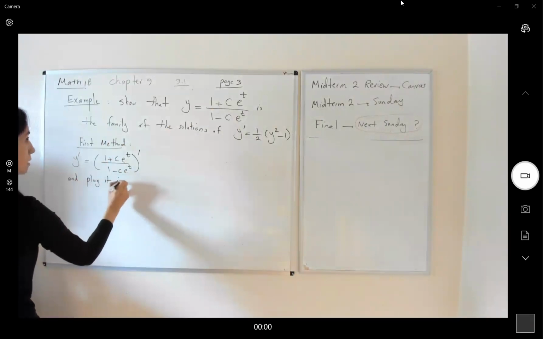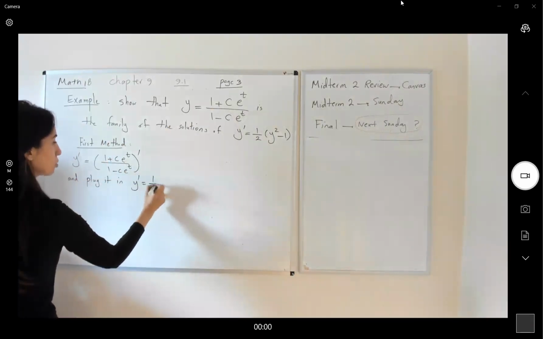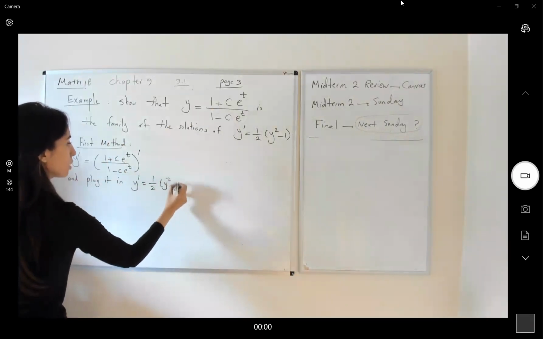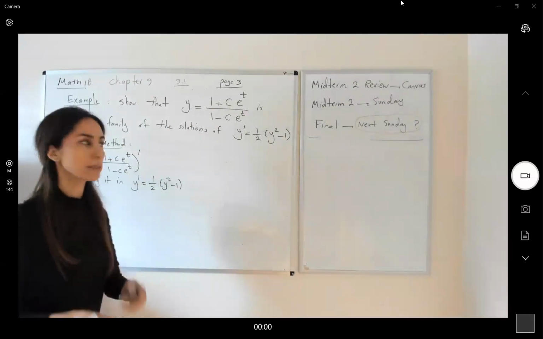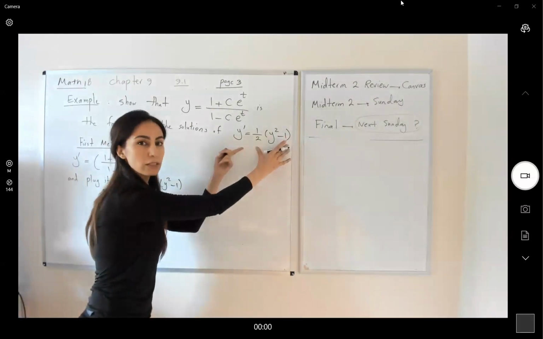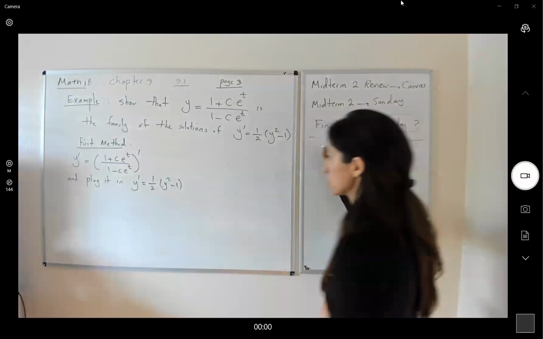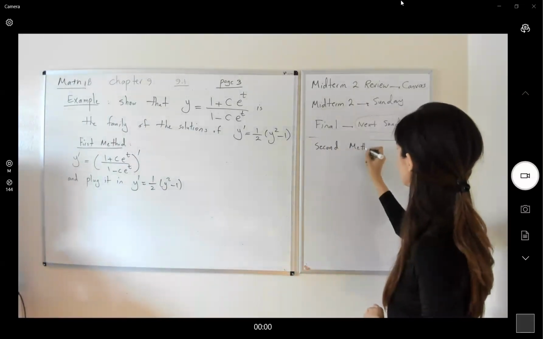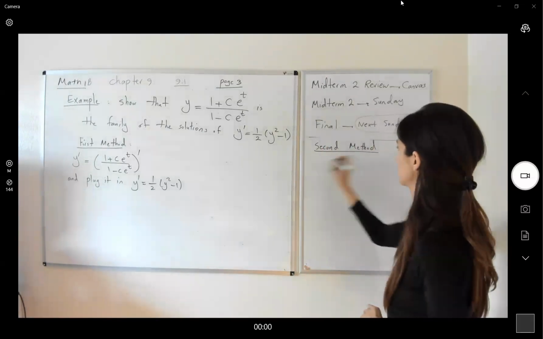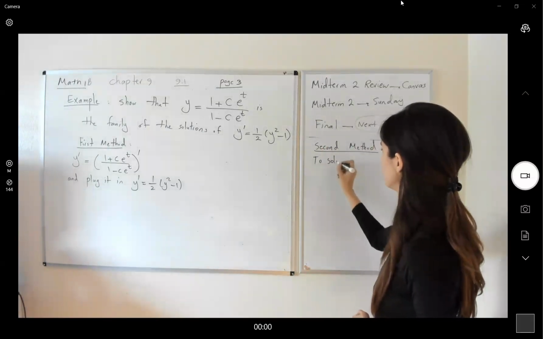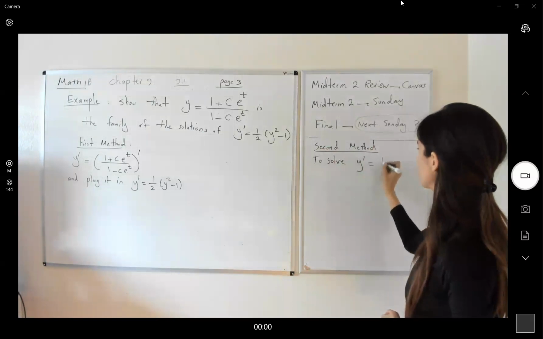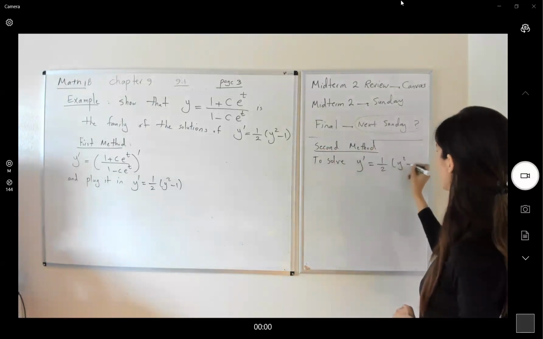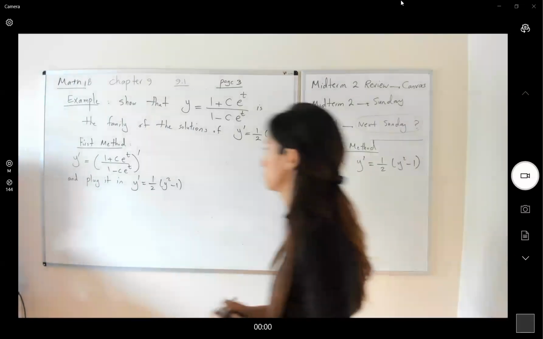Plug it in y prime equals a half y squared minus 1. Second method is just start solving this differential equation. So second method is to solve y prime equals a half y squared minus 1.